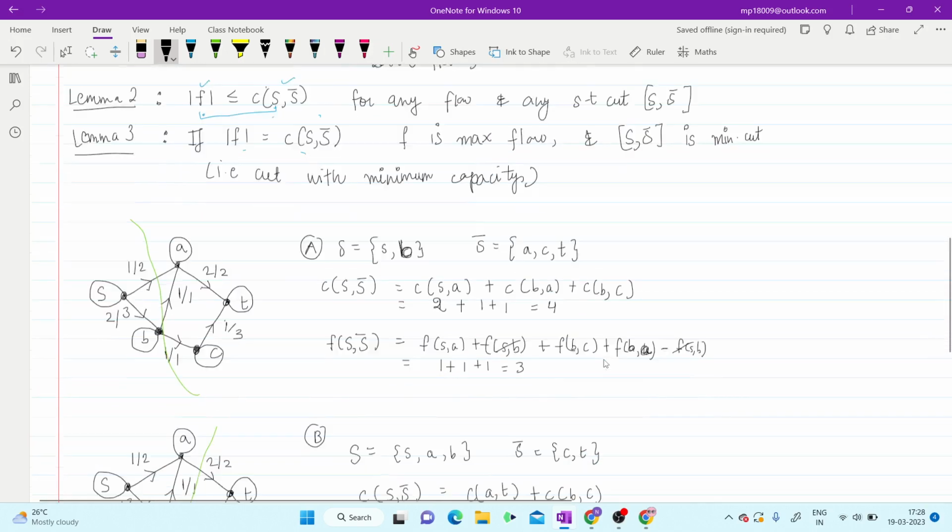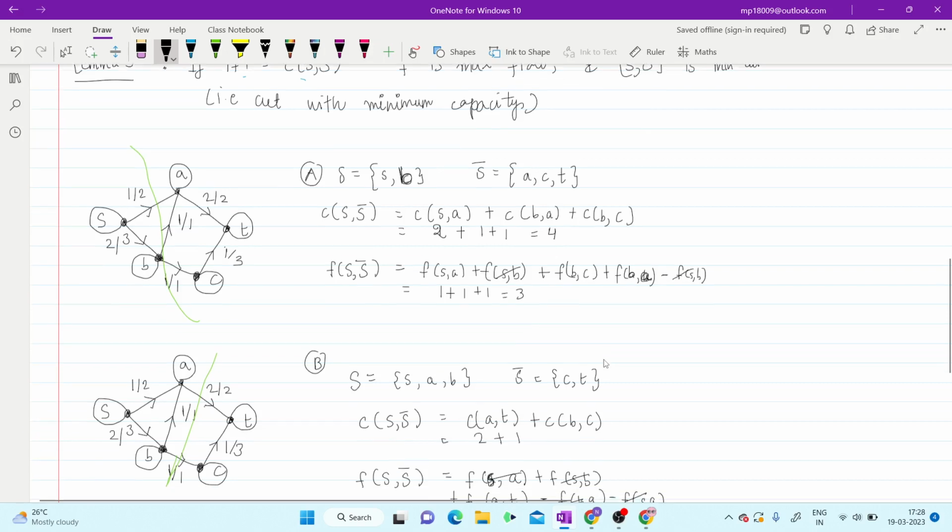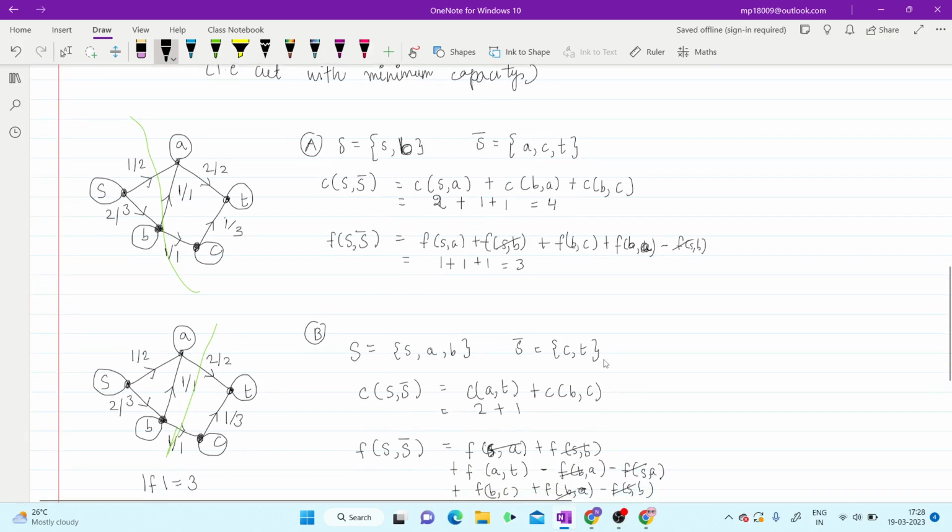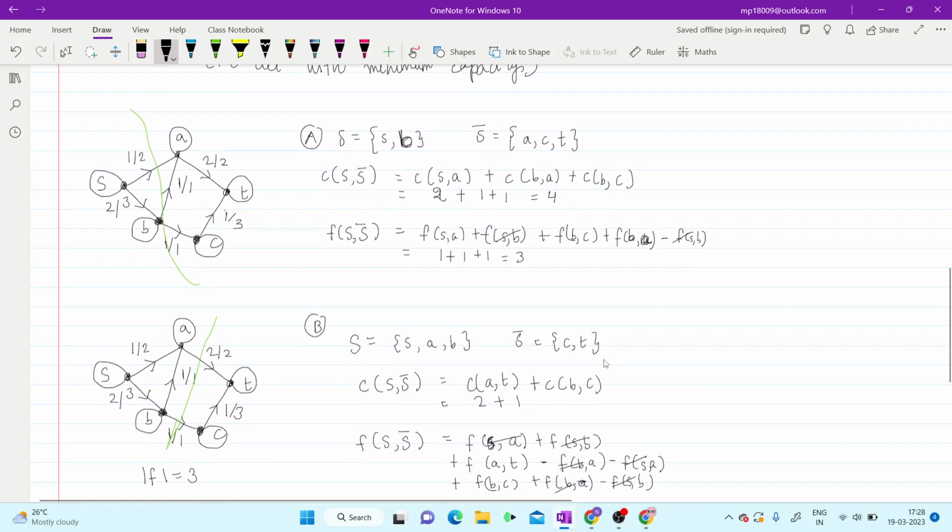Okay, now let's look at some examples for computing capacity and flow. We have this directed network, and my cut is: in S we have S and B, and in the S complement we have A, T and C. What is the capacity?